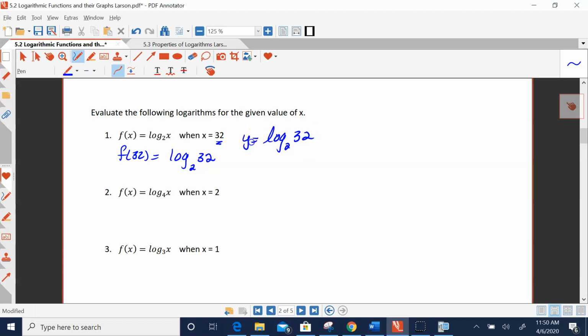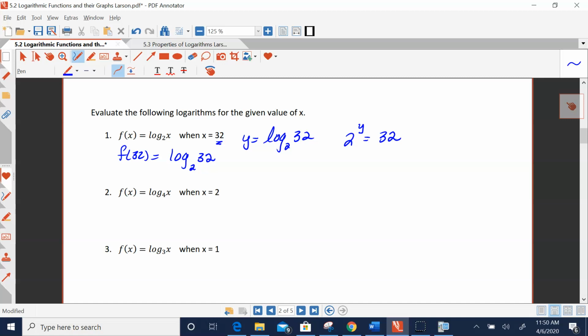Basically, y equal to log base 2 of 32. What if I took this guy and changed him to that exponent form? It would be 2 to the y power equal to 32. Really, all this is asking me is what is the power on 2 that would give me an answer of 32?